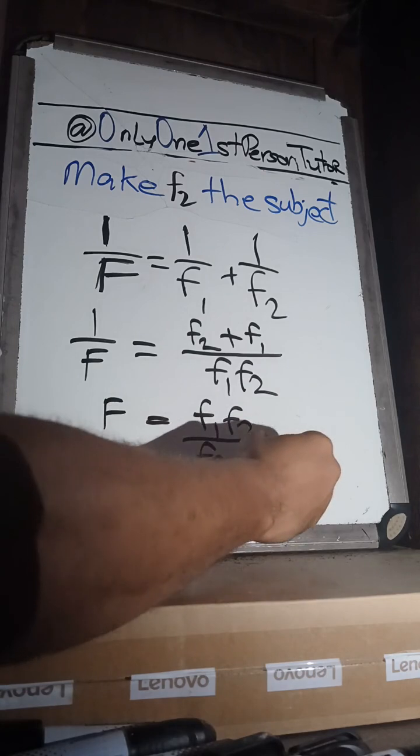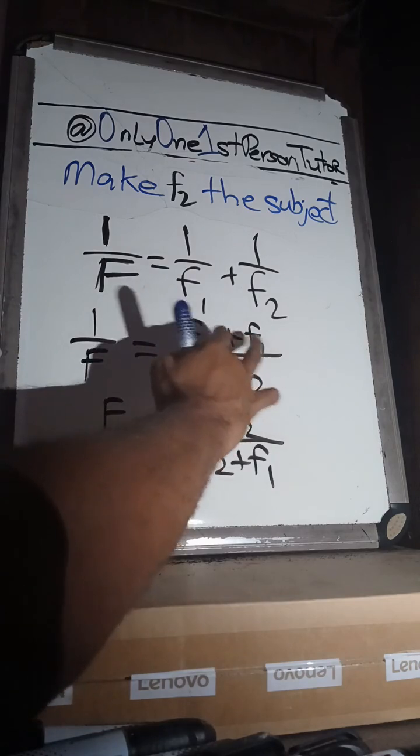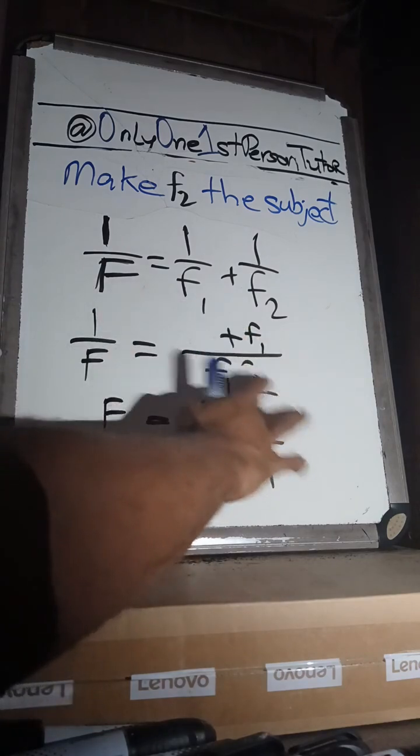Now mind you, this will be an answer if you are looking for the capital F. Only problem with this is that this leads us into more problems than we needed, right? So really and truly, this works if we're looking for this one right here. And this is why we color code, because what I'm looking for is the F2 and nothing else.